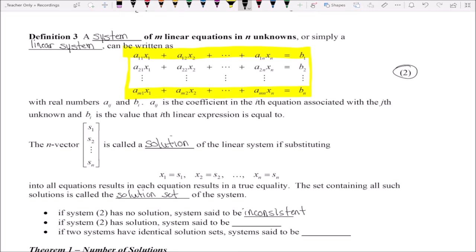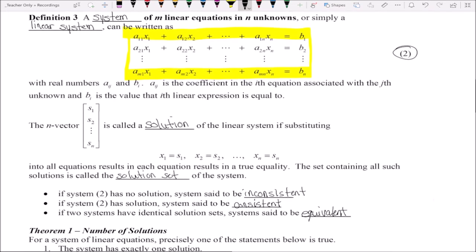If system 2 has a solution, the system is said to be consistent. If 2 systems have identical solution sets, then the systems are said to be equivalent. So 2 systems that have the exact same solution set are equivalent systems.